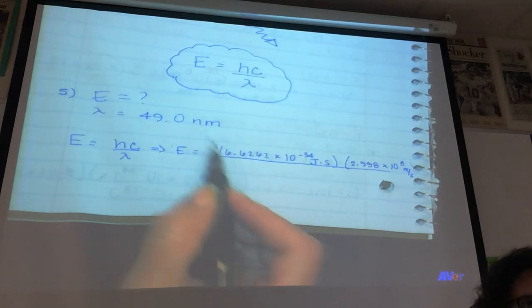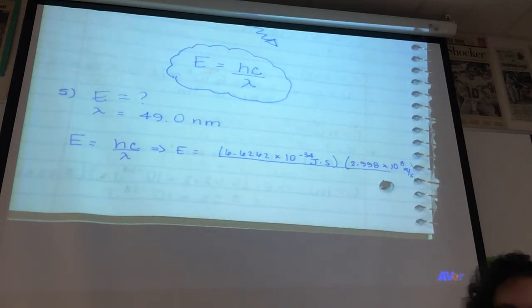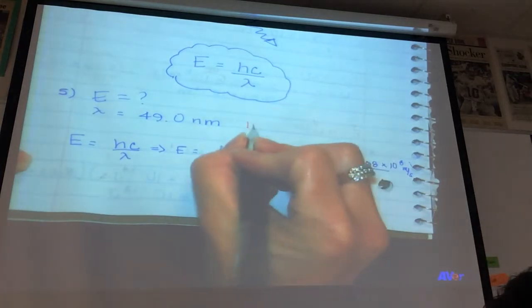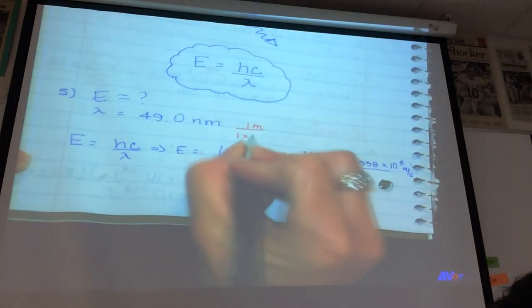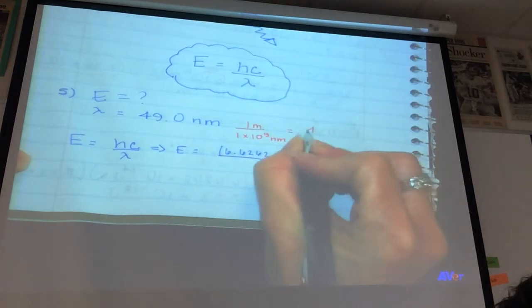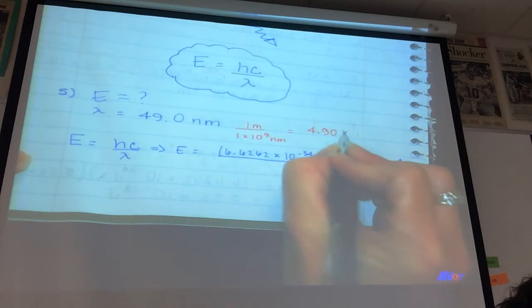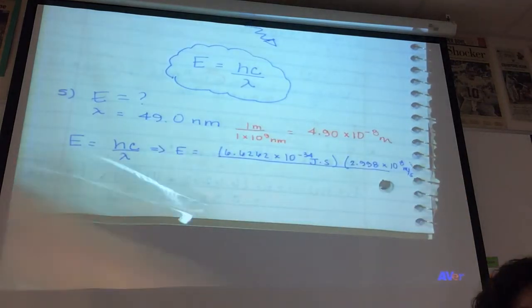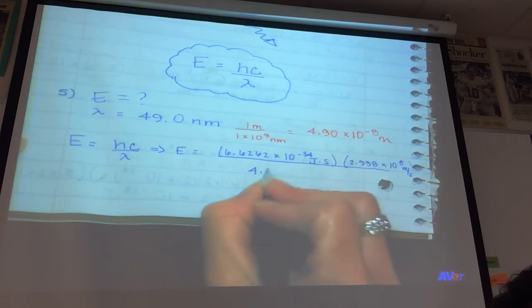But what about the wavelength? What unit must the wavelength be in? Meters. So you've got to convert that the same way we did previously, and that's 4.90 times 10 to the negative 8 meters. And I'm going to plug that in here.